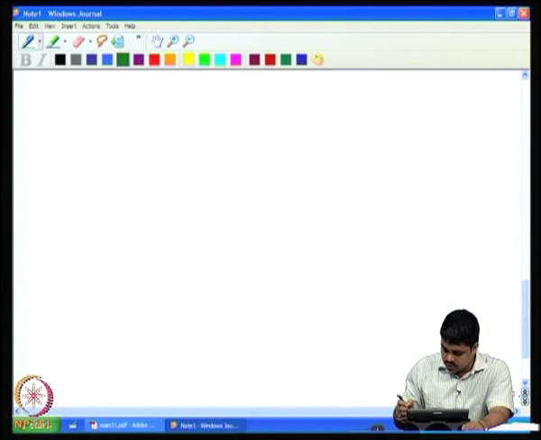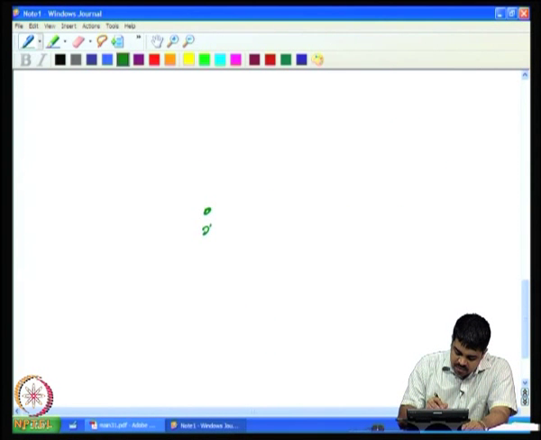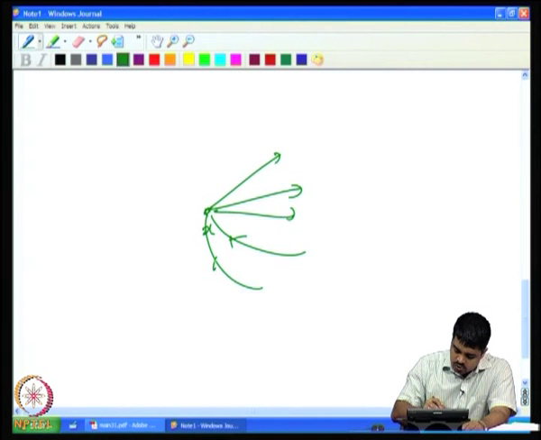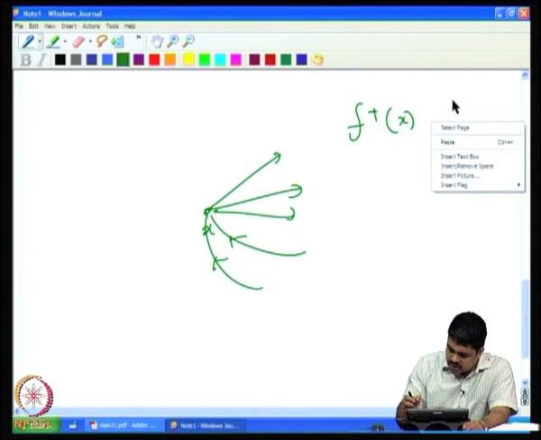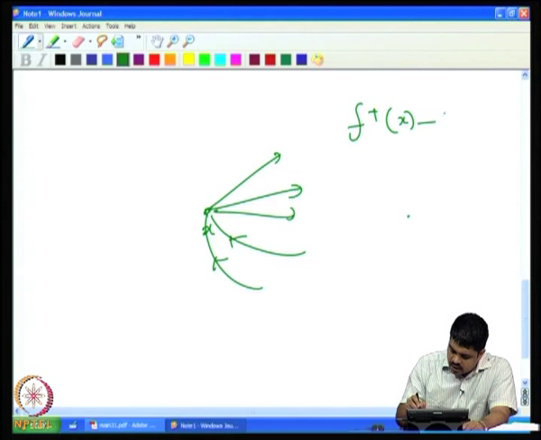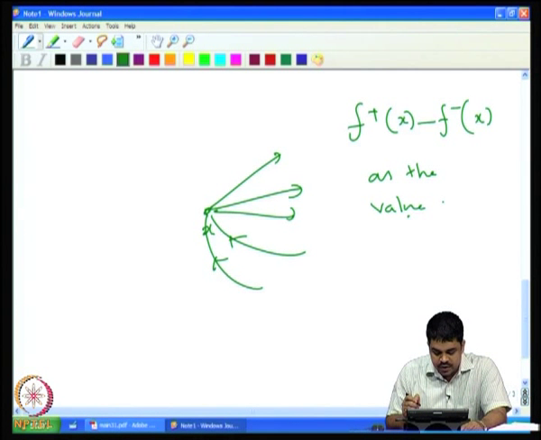You can have a source x where there may be some outgoing edges, and some incoming edges also may be there. In that case, we will talk about f plus of x minus f minus of x as the value of the flow, because that is the net outgoing flow from x.